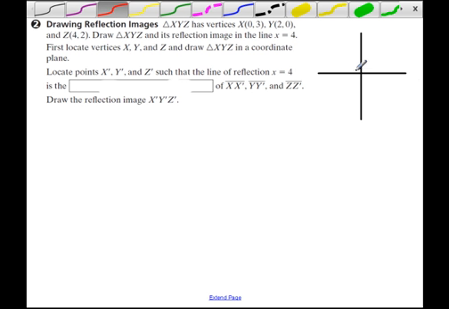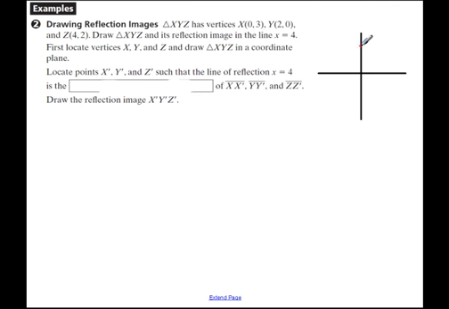They say x is at 0, 3, so we can put that about there. 0, 3. And y is at 2, 0. So 2, 0. And z is at 4, 2. So say 4, 2. About there.